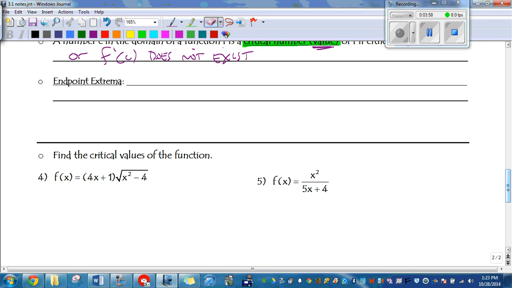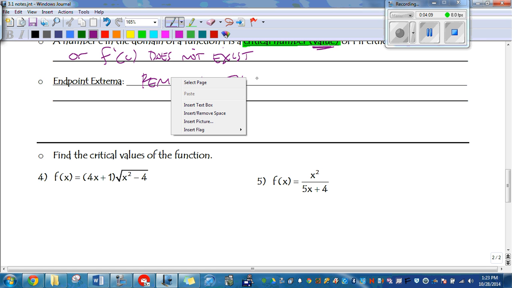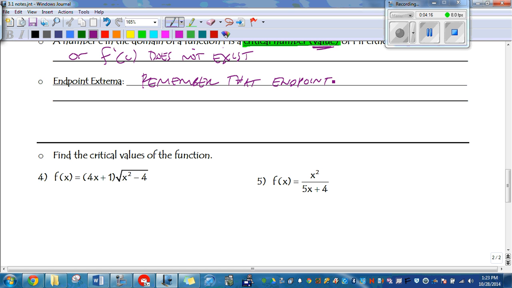Alright, endpoint extrema. Remember that endpoints can be absolute maxes and mins, but not local maxes and mins. Alright, so endpoints can be absolute maxes and mins.